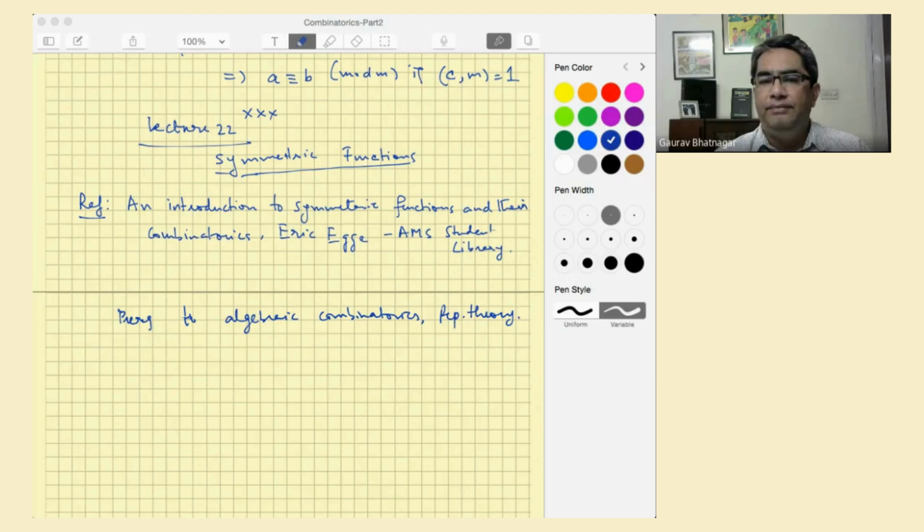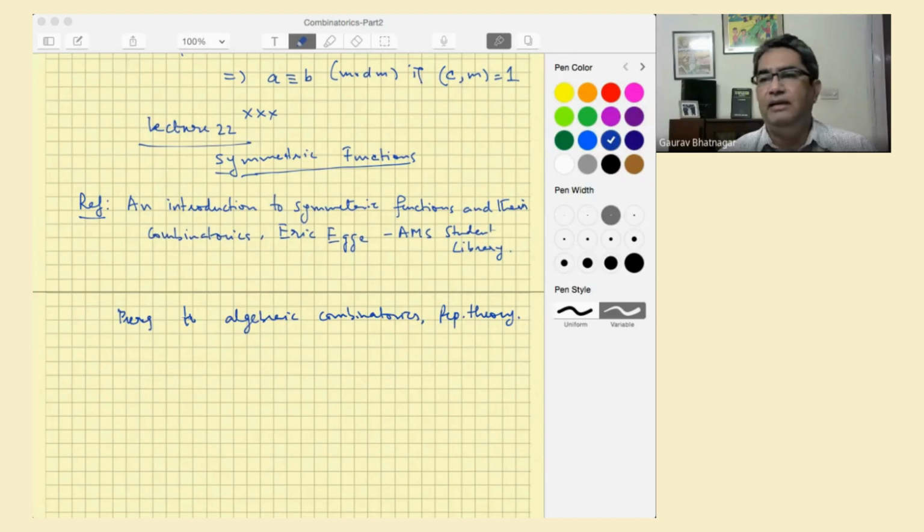That is what is happening in various areas of knot theory, for example, where there's something called the Jones polynomial, and in group theory, where you have Schur functions coming up in the representation theory of finite symmetric groups, and similarly Lie algebras, Lie theory, and so on. So symmetric functions encapsulate the symmetry of the object or the space that one is studying, and that is why one needs to study them as a piece.